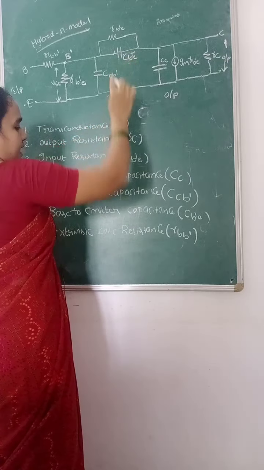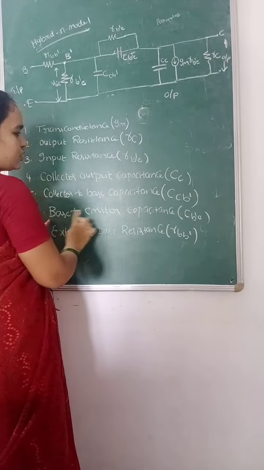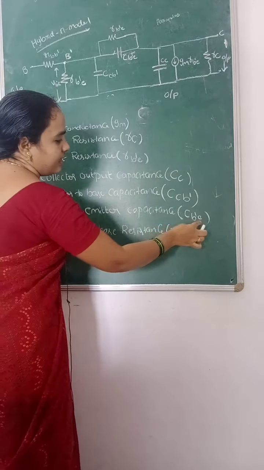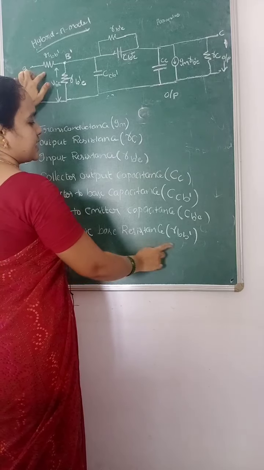And RBB dash is the intrinsic base resistance.